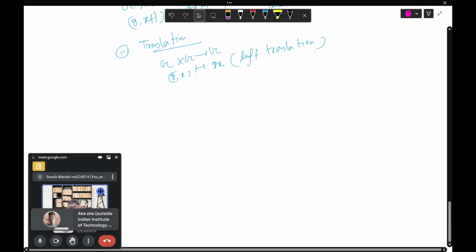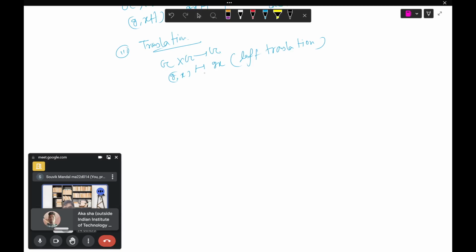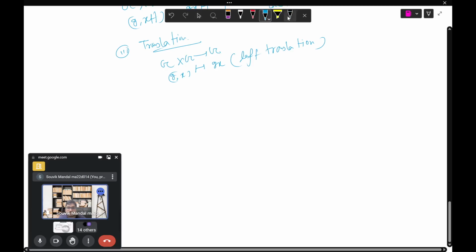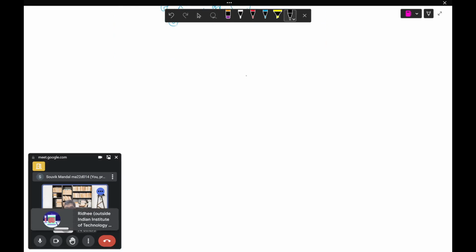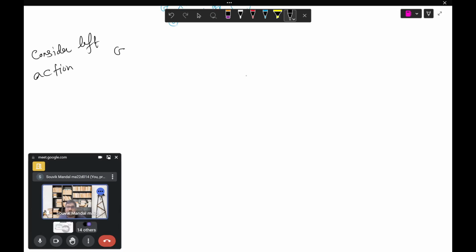If we wish to prove this using group action, what is the action we will take? Take the left action, x goes to gx.